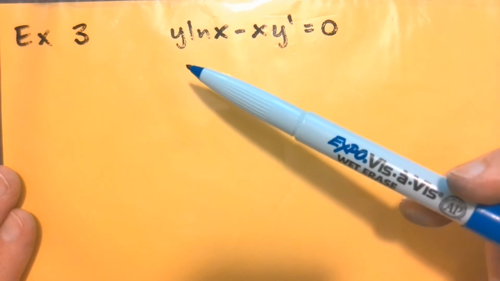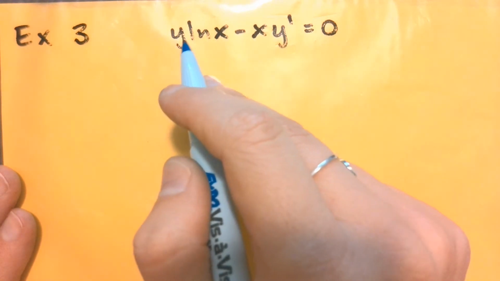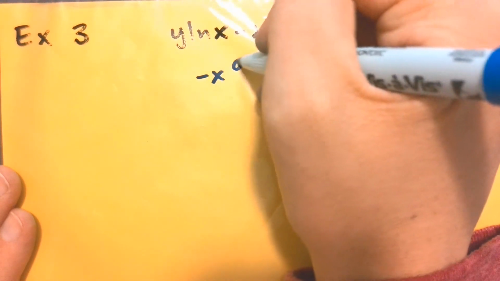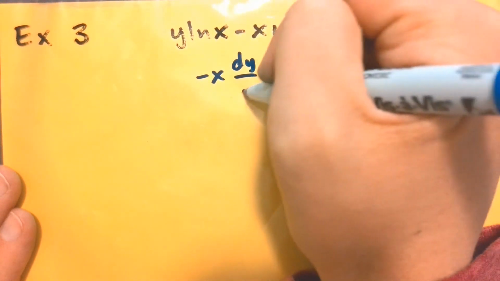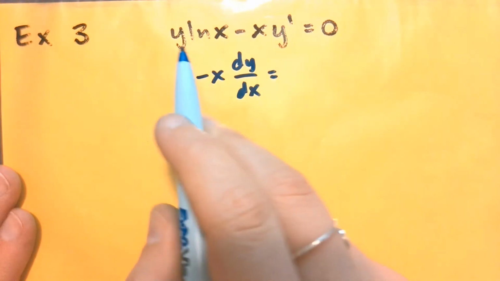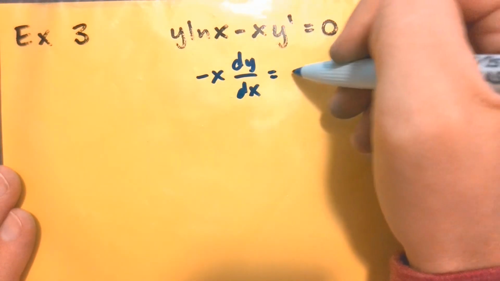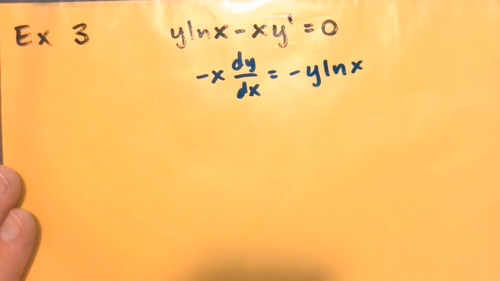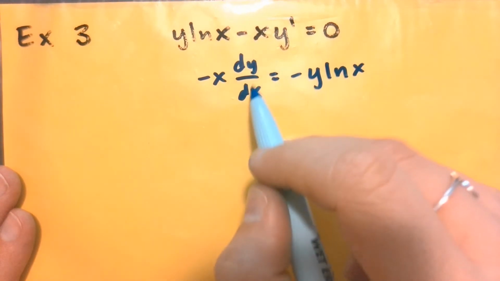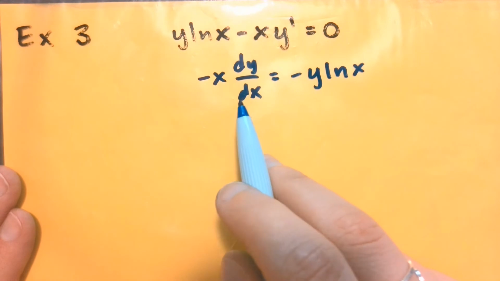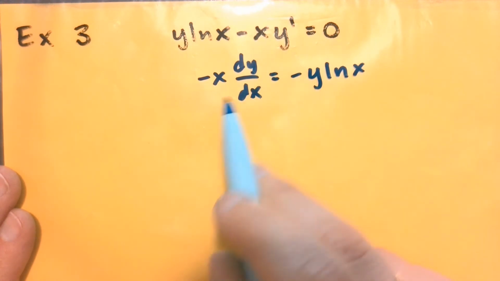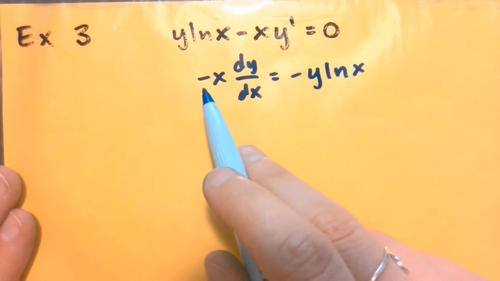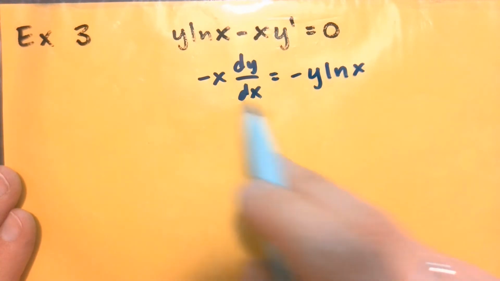So for example 3, we're subtracting this y natural log of x to the other side. I'm going to go ahead and rewrite y prime as dy dx. And this one is a little strange because when you subtract that over to the other side, now my y is on the wrong side, but it can be fixed. Now I'm at the point where, since I just have this equal to that and there's no addition or subtraction happening on either side, now I can divide both sides by that negative x.